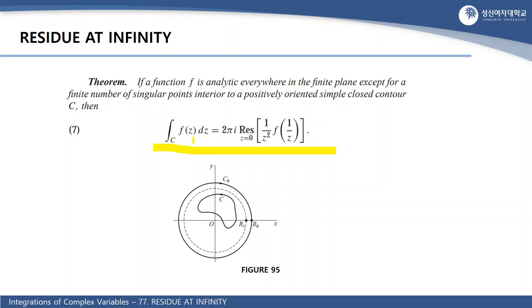The integral along the contour C of f of z dz is equal to 2 pi i times the residue at z equals 0 of 1 over z squared times f of 1 over z. This is quite a nice result because it involves only a single residue. Okay, let's prove it.